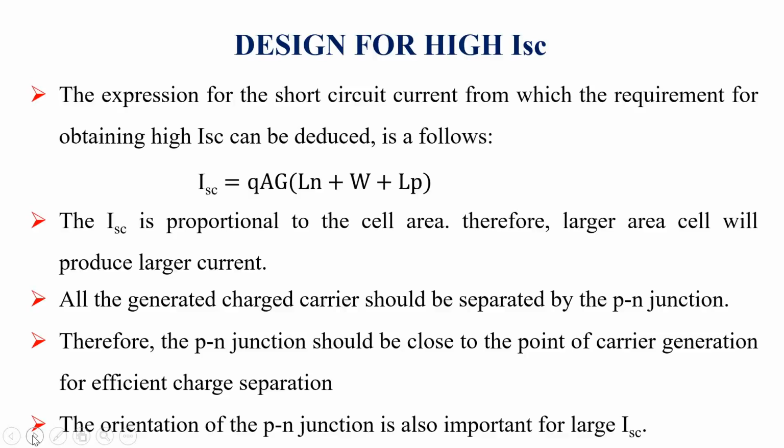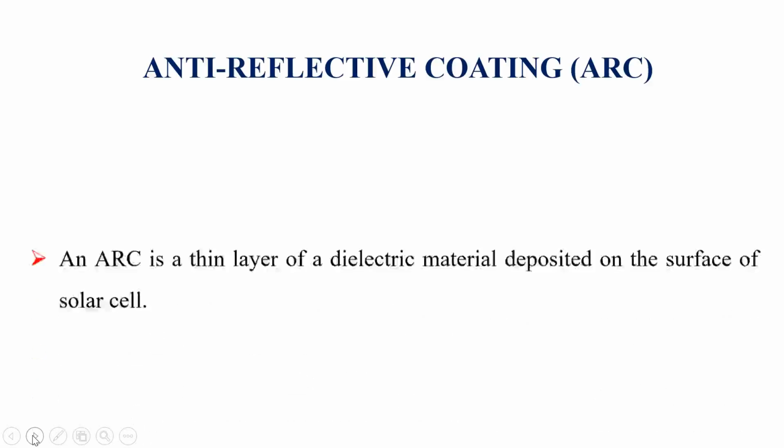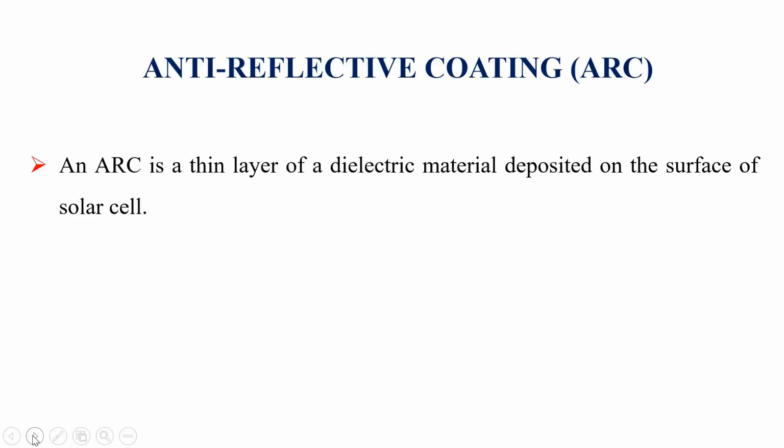Now a most important point, the anti-reflective coating, ARC, is discussed here. An ARC is a thin layer of a dielectric material deposited on the surface of the solar cell. This is one of the techniques of thin layer deposition.